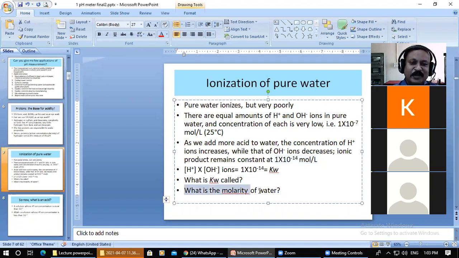So what is the molarity of water? Do you know what is the molarity of water? 55.5. Very good answer. Shubhangi, very good. How do you remember that number?